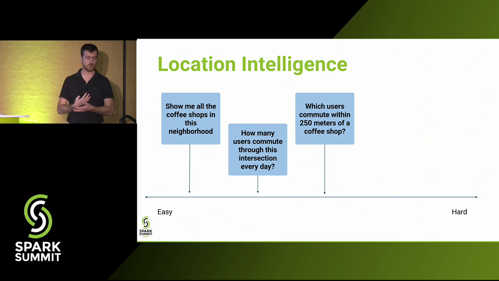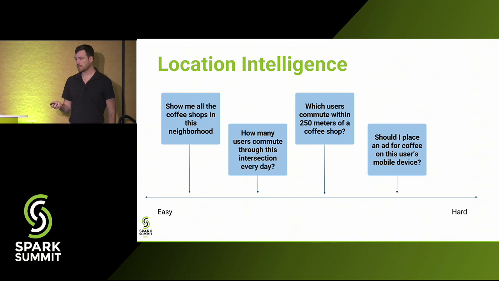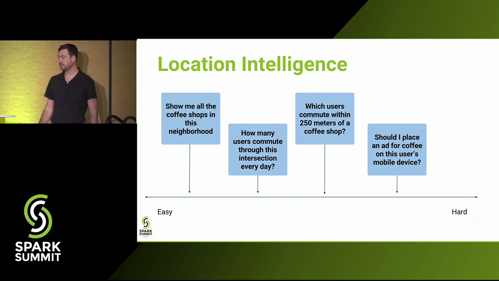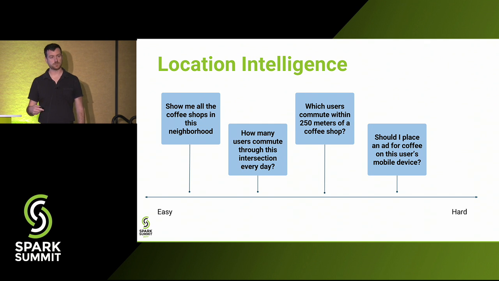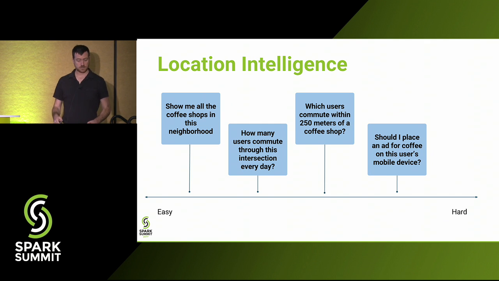So it's a spatial join. And this is where Spark SQL really comes into play. Next up on the difficulty scale is, should I place an ad for coffee on this user's mobile device? This particular question illustrates something that's key here, which is that location intelligence questions are very low latency.